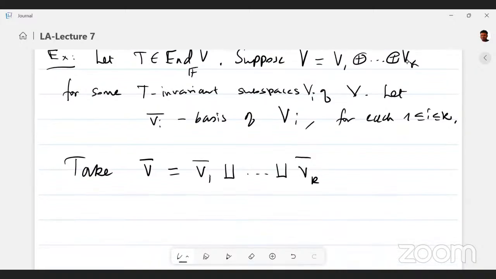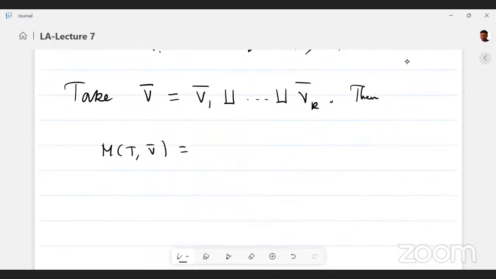So now with respect to that, I want to ask how the matrix of T with respect to this V bar looks. Then what we can prove is that the matrix of T with respect to this V bar looks like a block diagonal matrix.